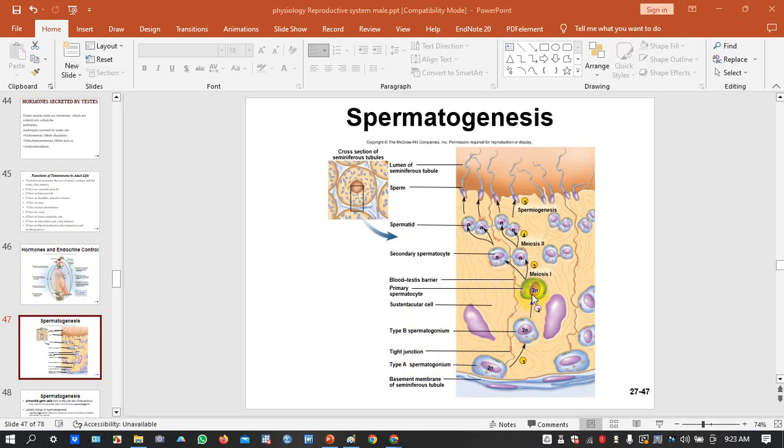Then the type B spermatogonium will mature to primary spermatocytes, which will divide by meiosis 1 into two daughter cells. In meiosis 2, each of these two daughter cells will divide into two, giving us four daughter cells, which will undergo spermiogenesis or maturation to produce sperm at the lumen of the seminiferous tubule.